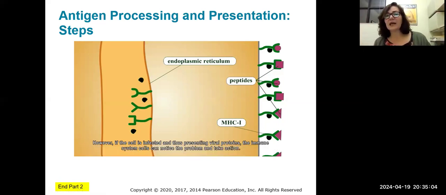And the same thing can happen if the cell is behaving weirdly, not because it's infected from the outside, but because there are genetic mutations that have occurred that are leading to the development of a cancer. Same thing. What's being presented on the outside is not quite right. And the immune cells can take care of this precancerous condition.